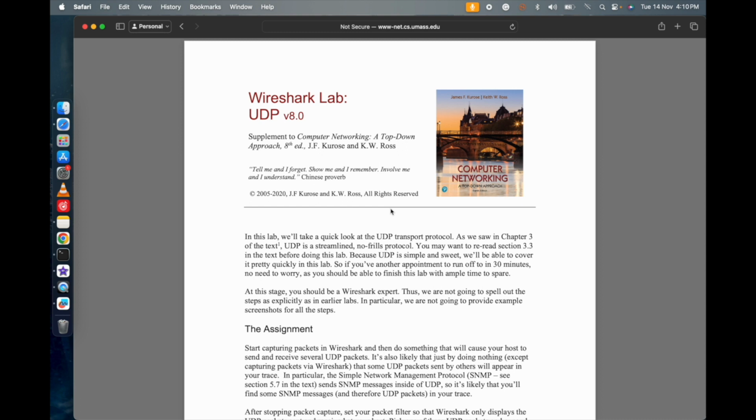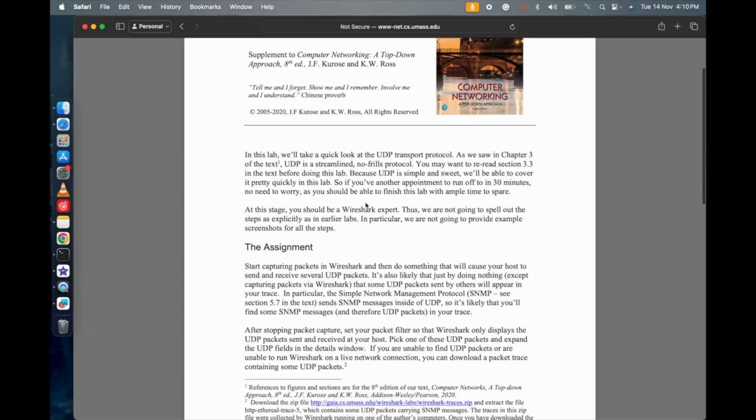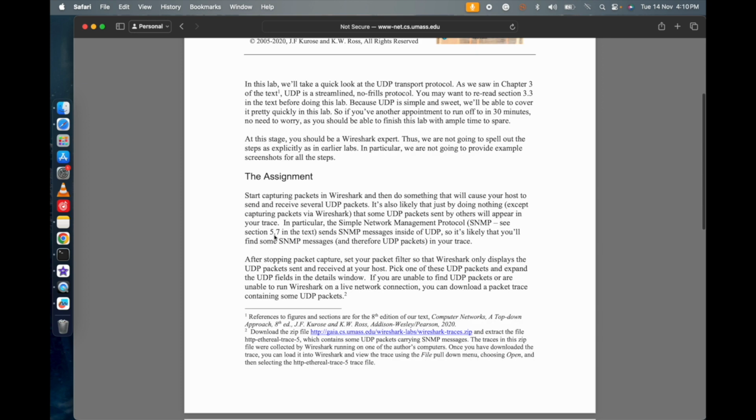Like if there's a transfer between A to B, there is no proper reliability on UDP, unlike TCP. So in TCP there is a proper reliability that the data would be sent at any cost, but in UDP it's not. So yeah, now we'll just start the assignment.